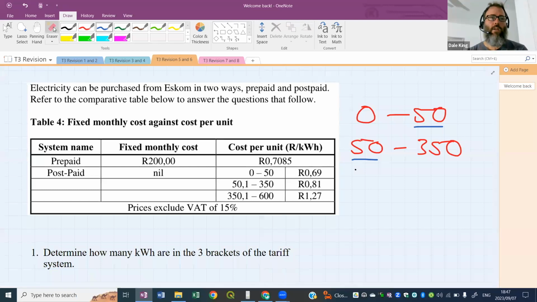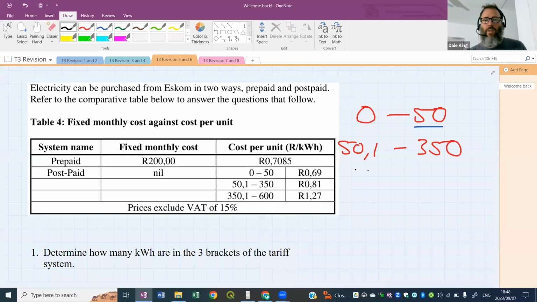So what they do is, to show you that you're over 50 in this bracket here at the bottom, they change this number to 50,1, which says you're over 50, anything over 50. But what guys do, when they work out how many kilowatts are in each bracket, is they'll say 350 minus 50,1, which gives them 299,9.